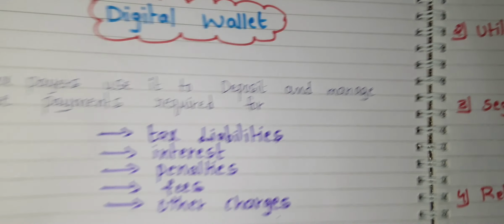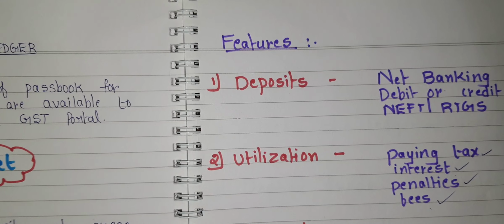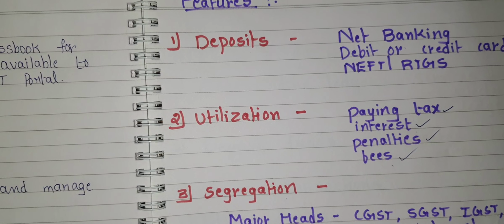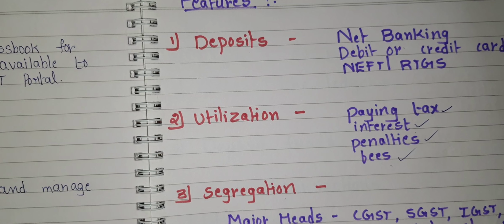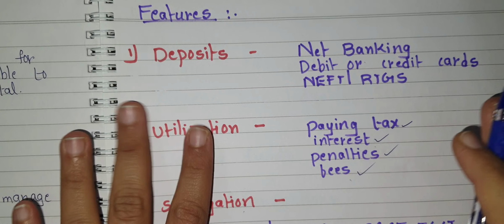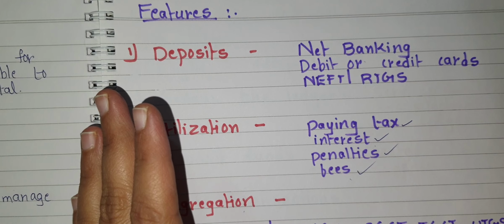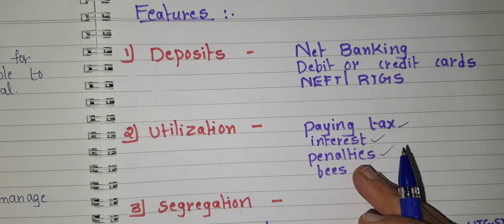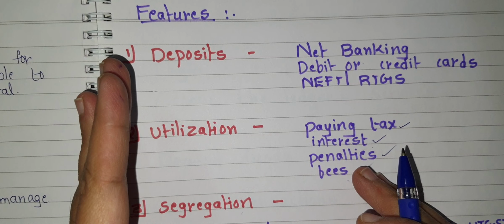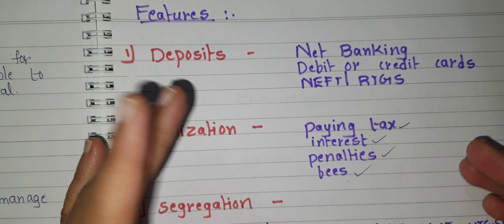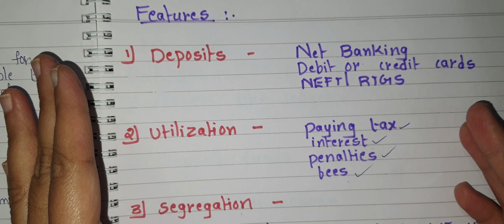Now we will see the features of electronic cash ledger. The first feature is deposits. Here you can deposit the money in the electronic cash ledger through various methods like net banking, debit or credit cards, NEFT or RTGS.